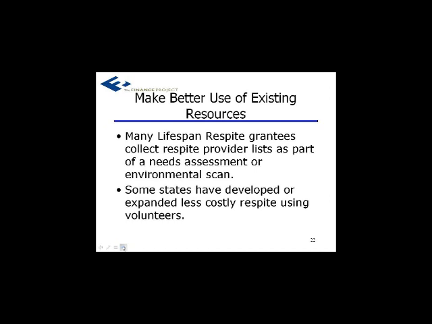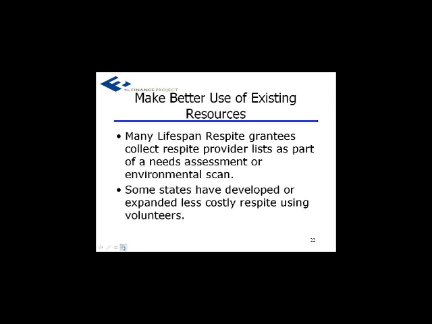So making better use of existing resources, we think of that as operating more efficiently, taking some funds that you recoup from that more efficient operation and reinvesting them into parts of your work that are more difficult to find funding for, and also certainly embedding lifespan respite activities into ongoing state activities.